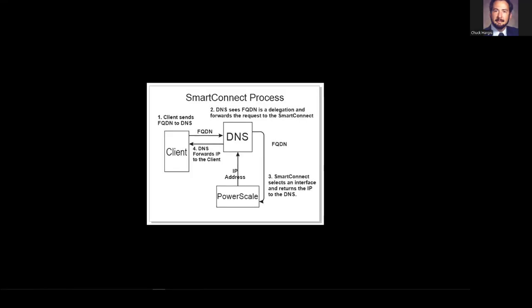The fourth step in the process is that the DNS, having received the IP address from the PowerScale's SmartConnect service, will forward the selected IP address to the client. And when the client receives that IP address, it will then use that to connect to the appropriate interface on the PowerScale to get the best performance.